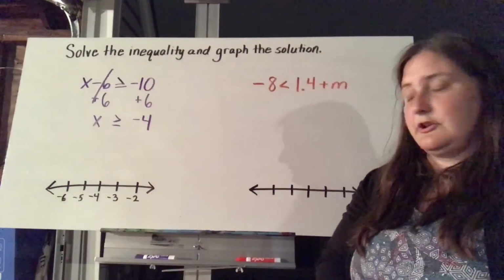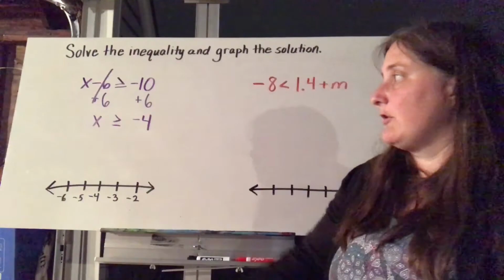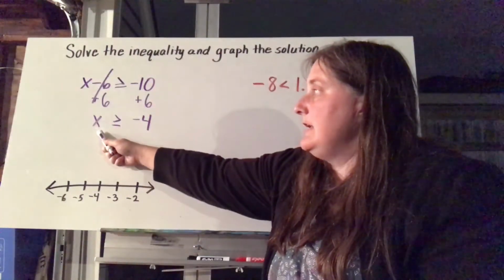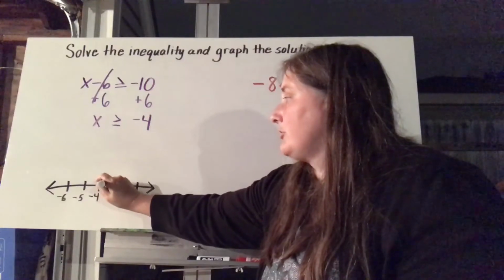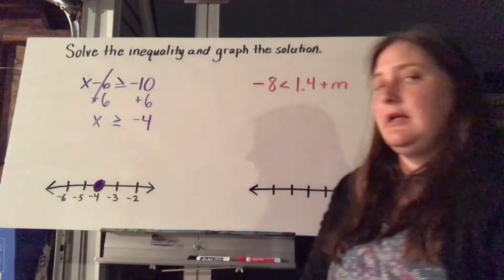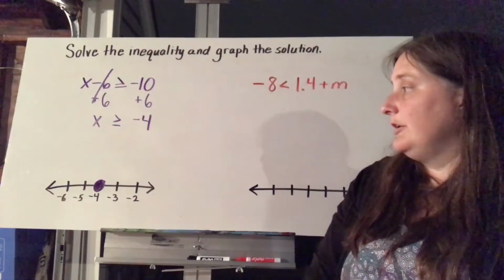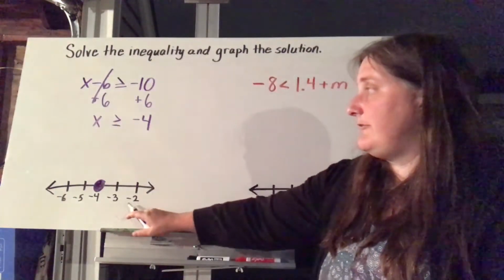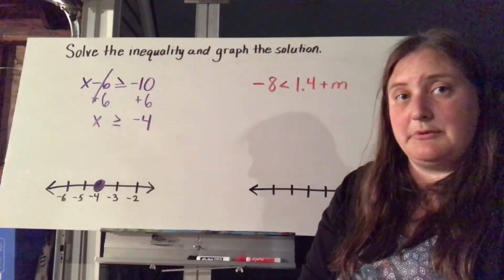So my circle is going to go right there at negative 4. And since negative 4 can be a solution here, negative 4 is equal to negative 4, I'm going to put a closed circle at negative 4. Now to decide which way I'm going to highlight on my number line, I have to try some of these different values in for x and see which one makes the inequality statement true.